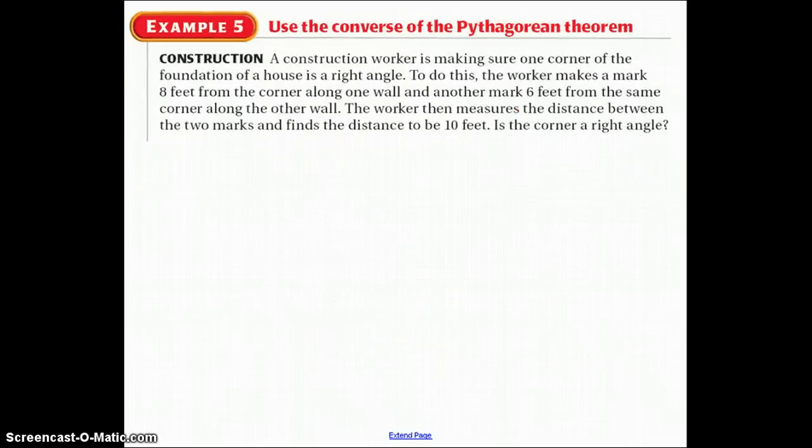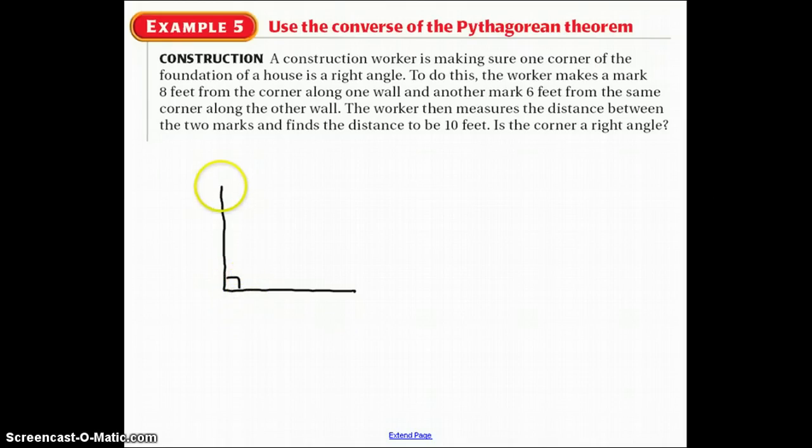Alright, so here's our last example where we're going to apply the Pythagorean theorem to a real-world situation. We have a problem where a construction worker is making sure that one corner of the foundation of a house is a right angle. So he has this wall, and he wants to make sure that this is a right angle.